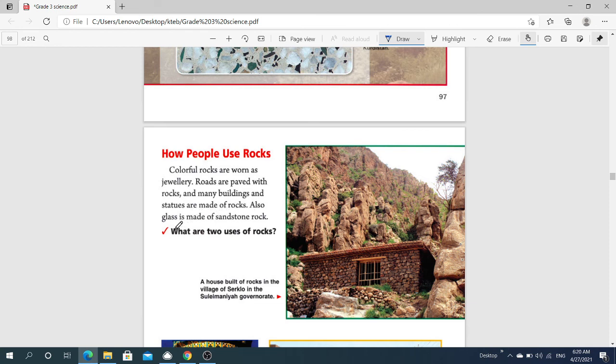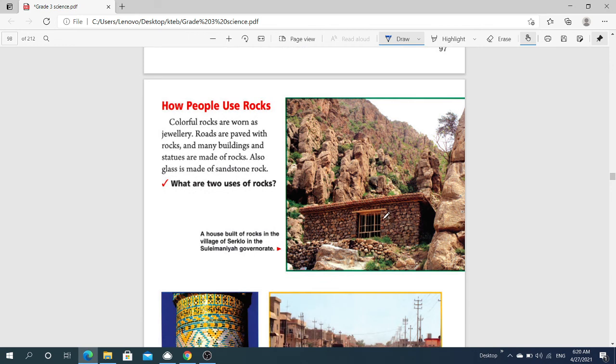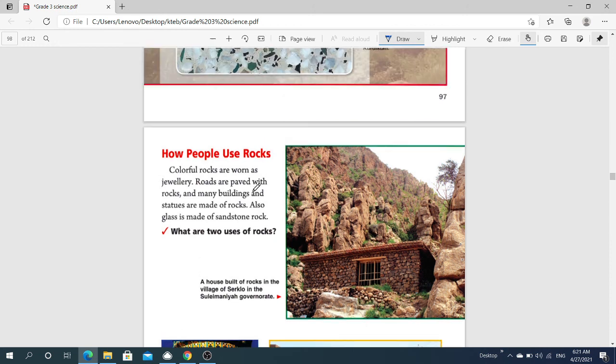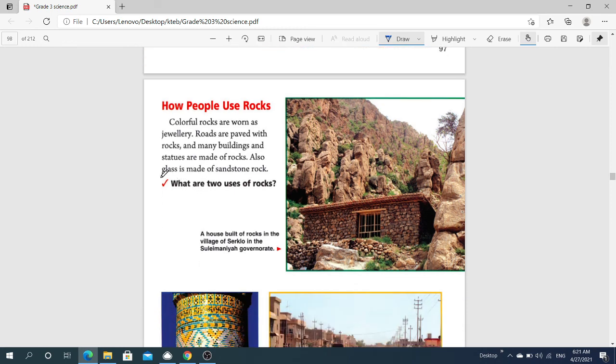Also, glass is made of sandstone rock. Look at this house. The humans built this house by what? By the rocks. What are two uses of rocks? As I told you, roads, and colorful rocks for making a nice house and jewelry, and sometimes for making glass.